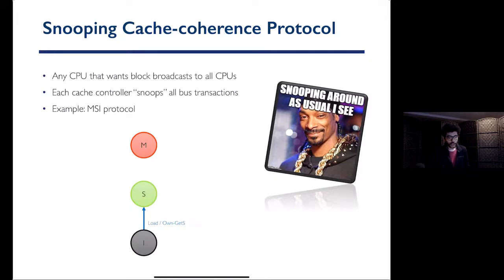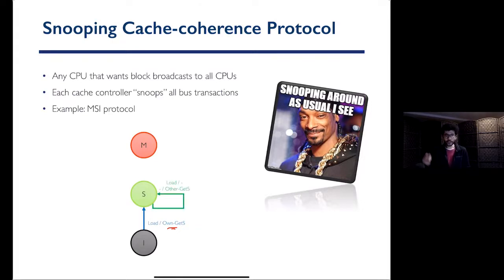This is issued and everybody receives it. If you get an acknowledgement, then you go to shared state. It was initially invalid. Now you bring the data to your cache, and you change the state from invalid to shared.